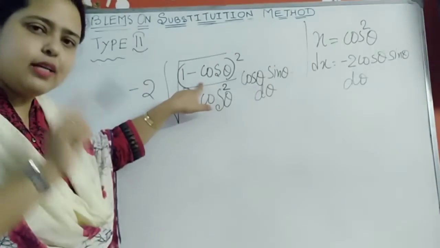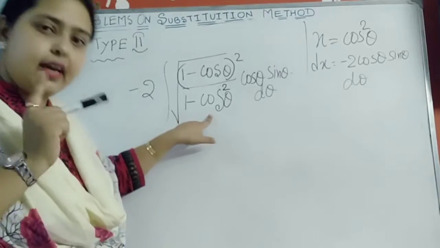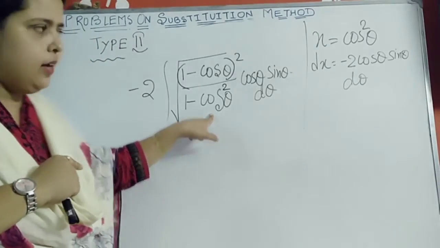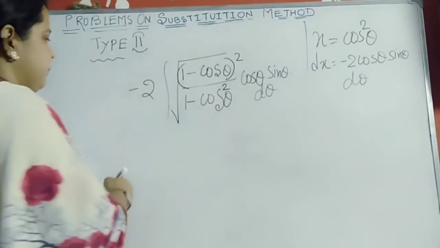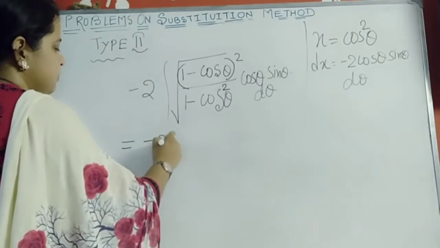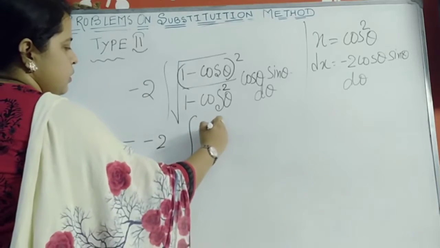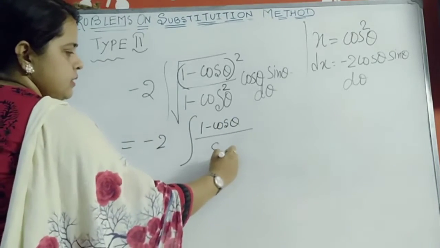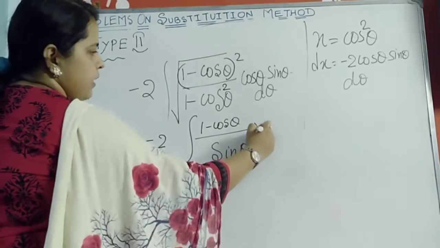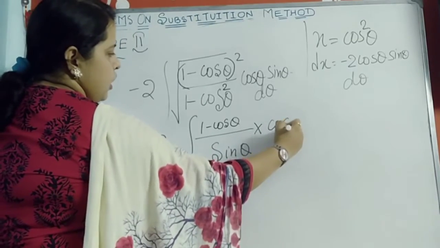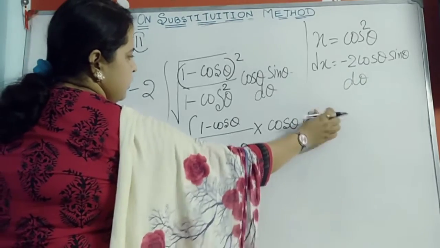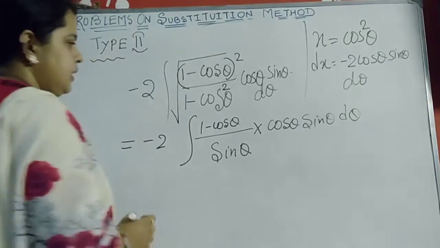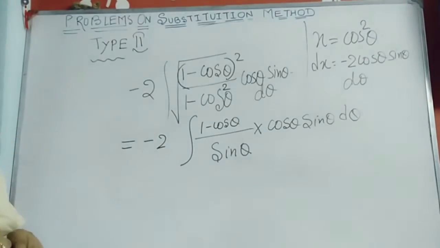This will come out as 1 minus cos theta, and this is sin square theta, and it will come out as only sin theta. Is it okay? I'm writing here 1 minus cos theta, and here it is sin theta, and you are already having here cos theta d theta, one more sin theta and a d theta. Is it okay with everybody?